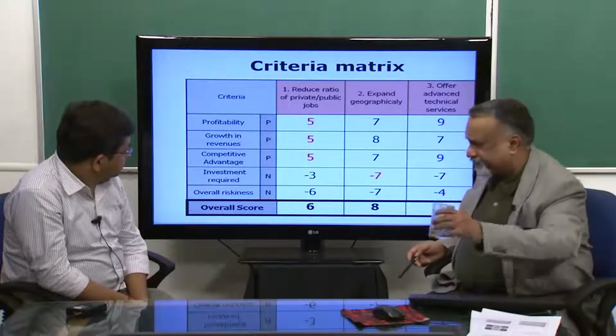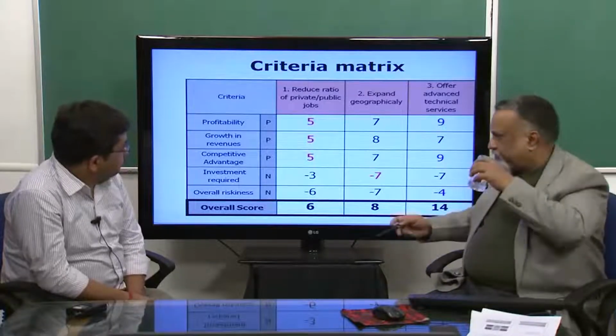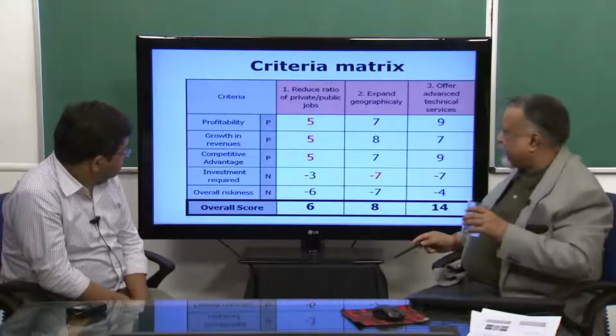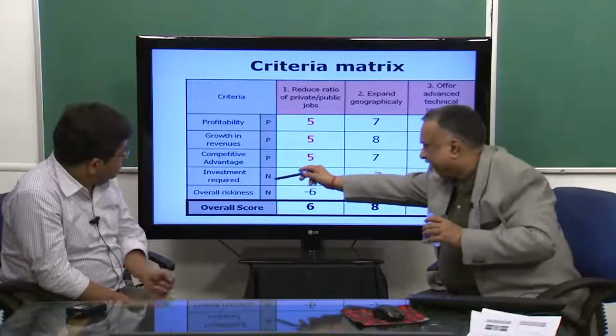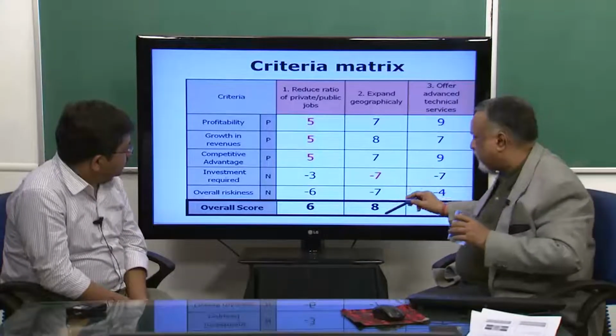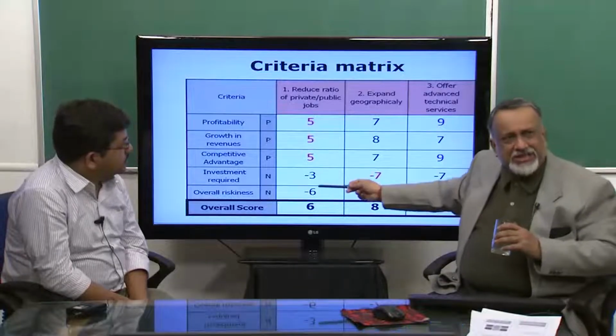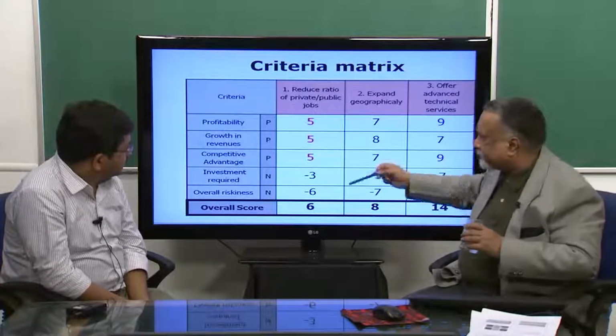As you see, some of them are positive criteria and some are negative criteria. That means scoring high on a negative criterion will actually reduce your overall score. The sign is very important, otherwise your whole analysis will go wrong.